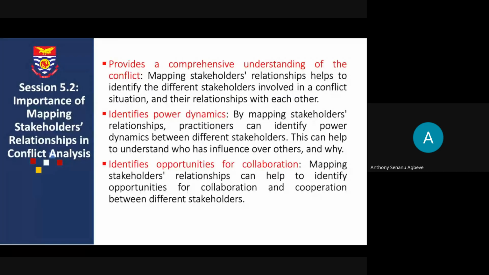So once we identify that the relationship between these groups and the government is not an alliance or a perfect one, then we should be able to identify what the government can do to ensure that there's harmony and collaboration among it and these other groups, so that there's peace and stability, right? So these are some of the benefits of mapping stakeholders too.